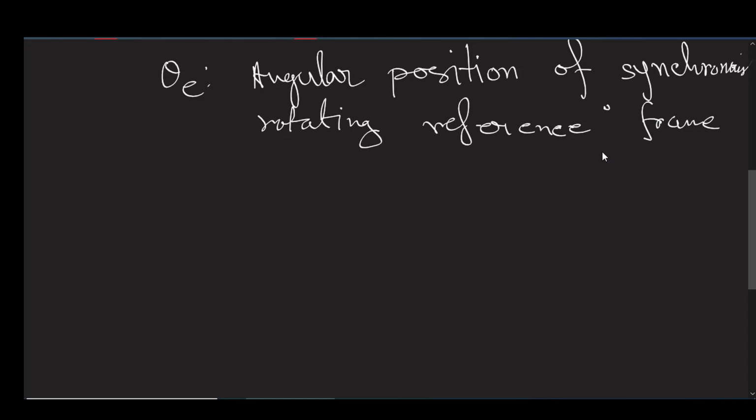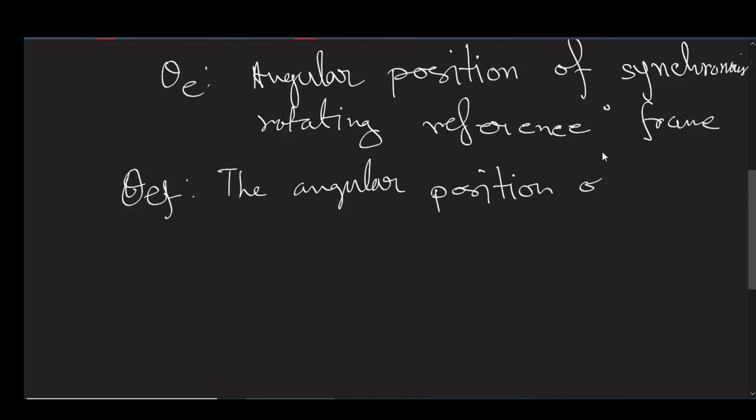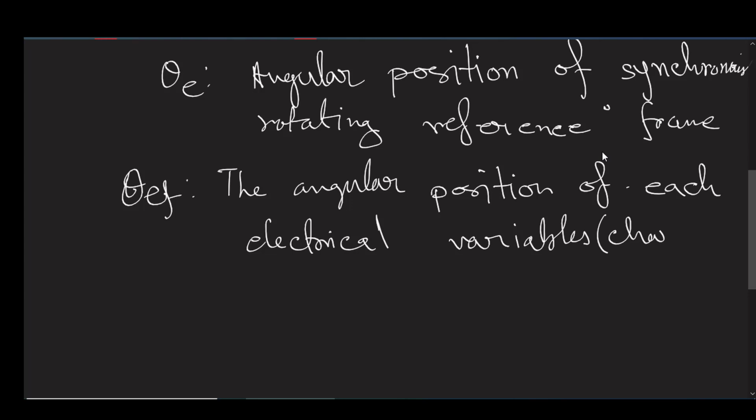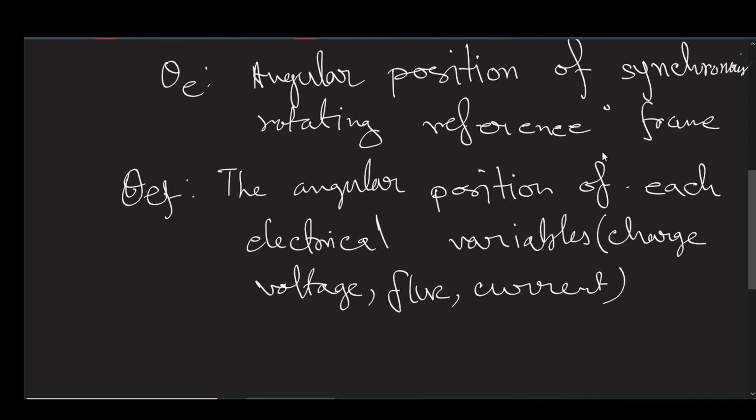Theta EF is the arbitrary angle. It is the position of... alright. Each of them will have same velocity omega e.